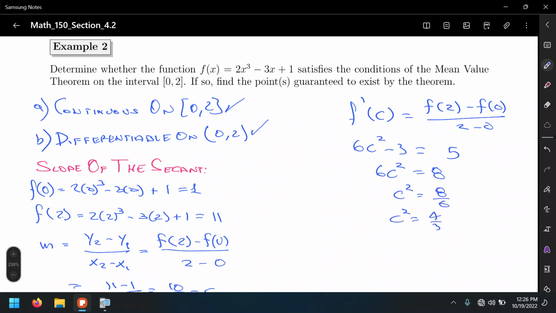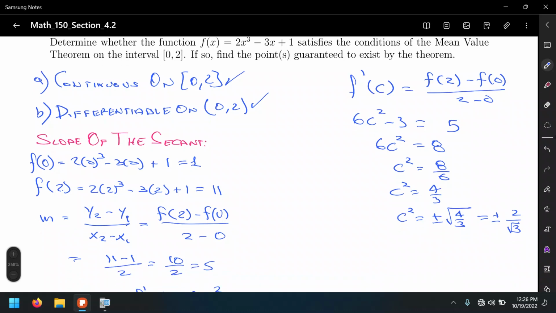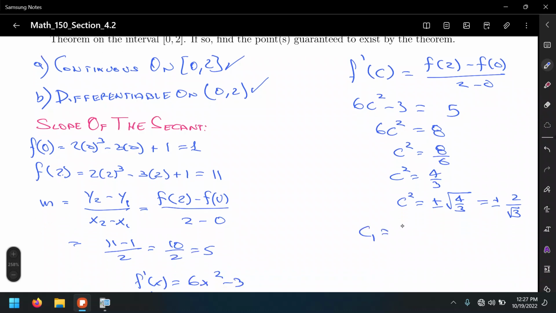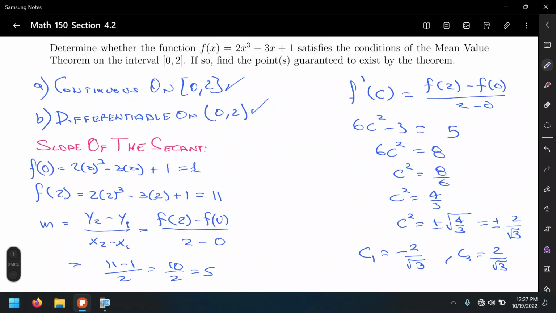And that's 4/3. Take the square root on both sides. So c equals plus or minus the square root of 4 over 3, which is plus or minus 2 over the square root of 3. But be careful here, because we essentially have c1 equals negative 2 over root 3, and c2 equals positive 2 over root 3. However, yes, we obtained two different results. This doesn't mean the two results are correct. We need to check our interval that we're working on, which is the interval 0 to 2.